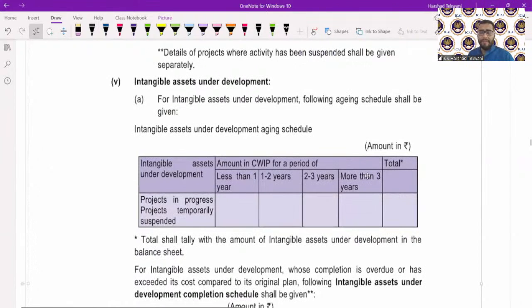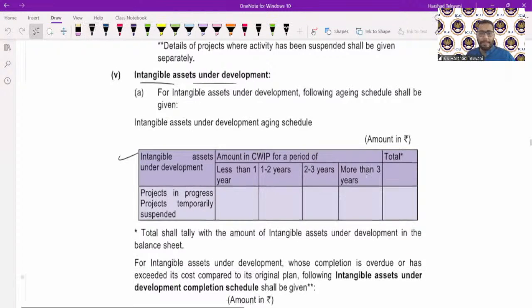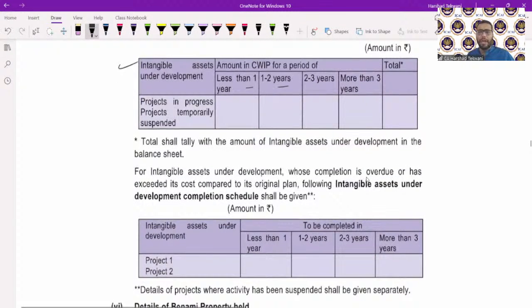The same way we talked about capital work in progress, the details are required to be given for intangibles under development, meaning intangible work in progress. We are required to give the aging of intangibles under development: less than 1 year, 1 to 2 years, 2 to 3 years, more than 3 years.